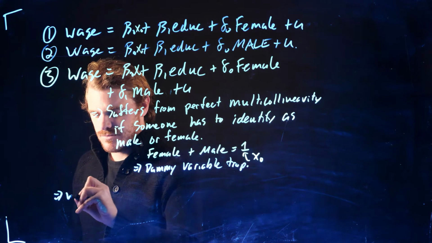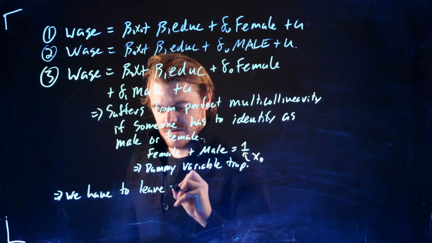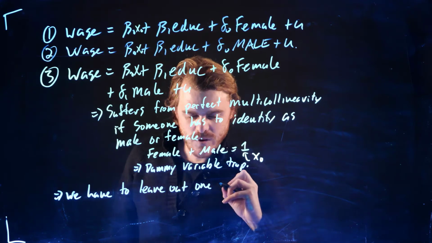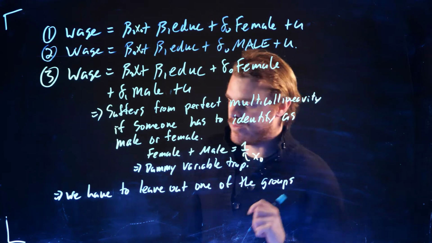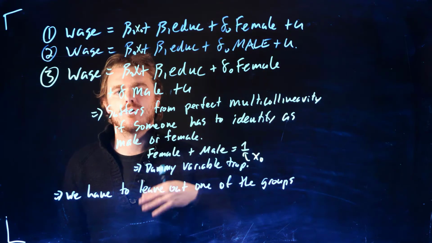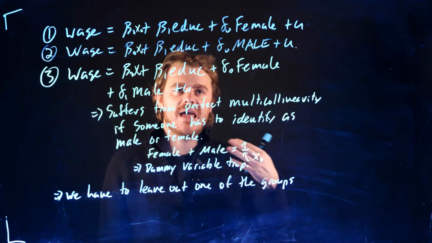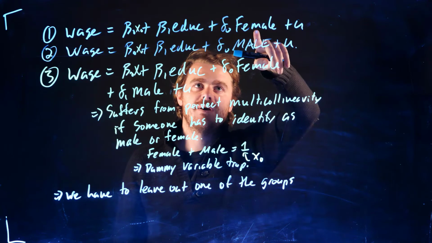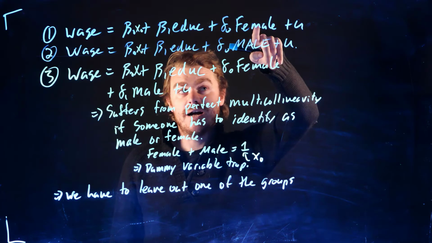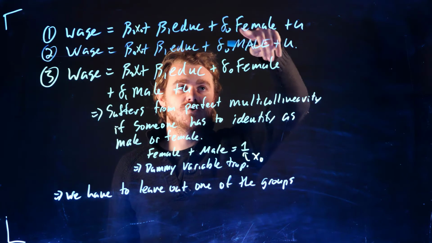So we have to leave out one of the groups, and this group that we leave out becomes our reference group. All of the interpretations we make about these parameters, so on female, are relative to it. Let's look at this first regression. We have a variable that equals 1 when it's female.